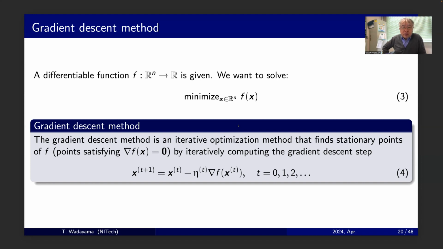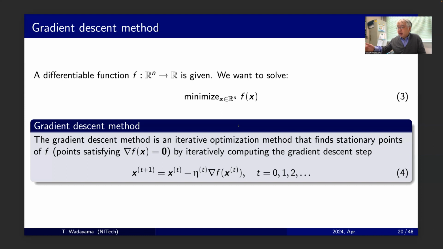And we want to solve the minimization problem in equation 3. So x is a real vector of length n. Our objective is to minimize f of x in the Euclidean n-dimensional space. Okay. So the gradient descent method is an iterative optimization method that finds stationary points of the objective function by iteratively computing the gradient descent step in equation 4.